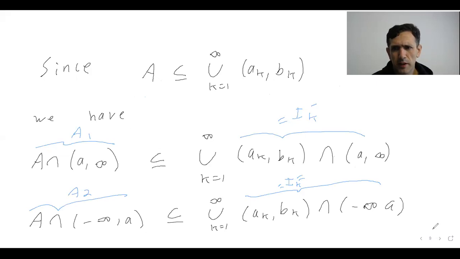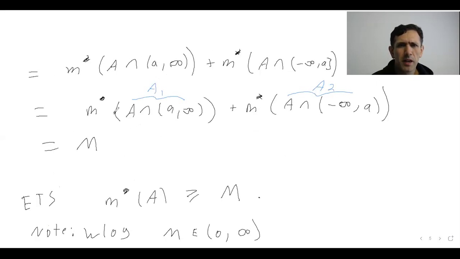Yeah. Okay. So M, big M, is the sum of M star of A1 and M star of A2. So we need to prove that the sum of M star of A1 and M star of A2 is less than or equal to the outer measure of A. Okay, that's what we need to do.